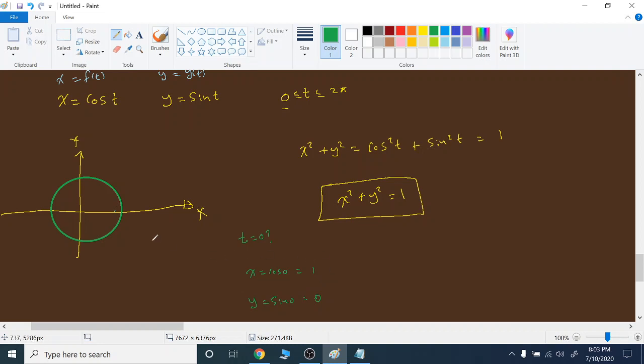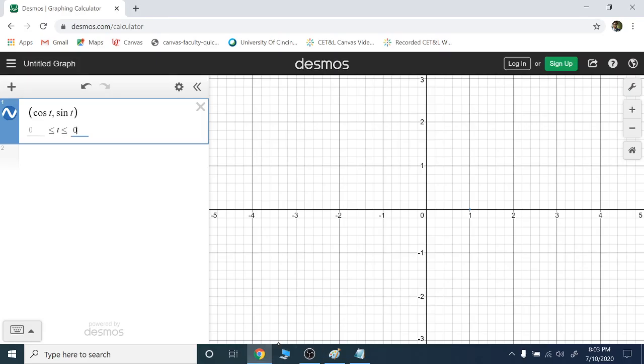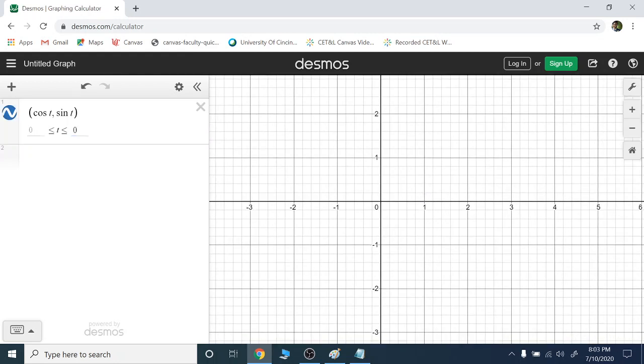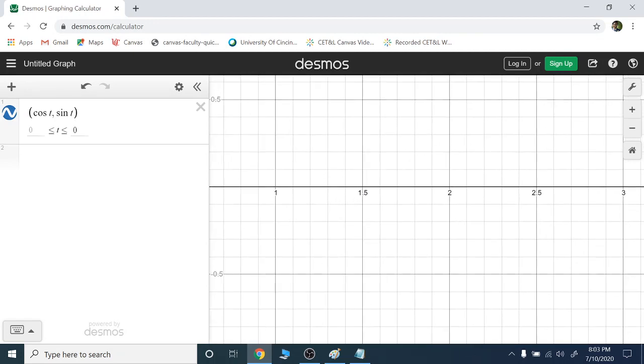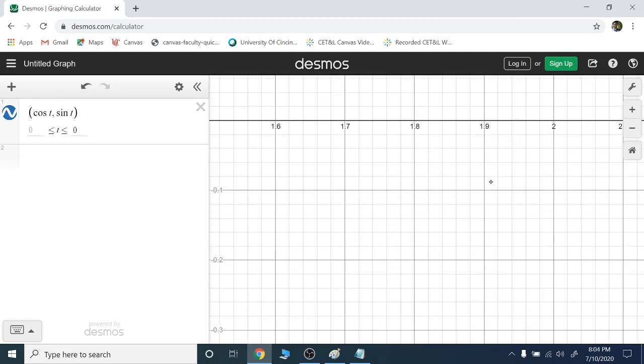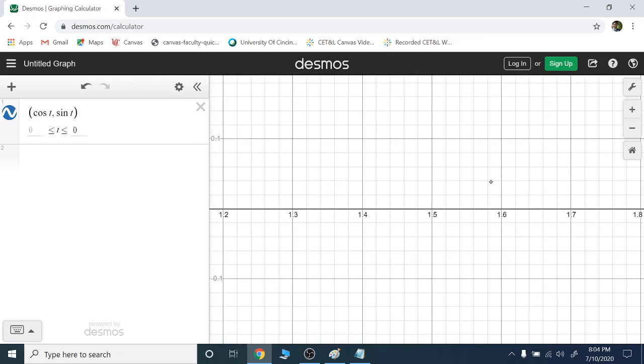So we have the 1, 0 position, which is this coordinate. Even in our graph we can see that point. If we zoom in at this 1, 0 position, we can see that there is a small dot over this coordinate.